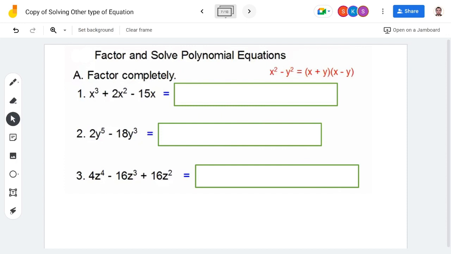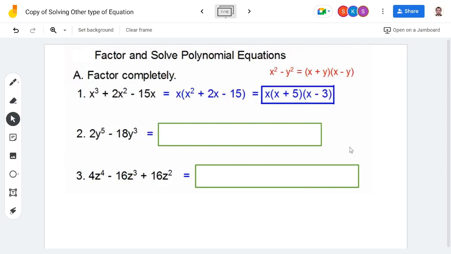Yes, rational. Okay, so now, as you can see here, factor and solve the polynomial equation. This is an easy one, just complete the solving. So the polynomial will look like this. First you take the common factor, which is x. Then this is a quadratic. For the second one, take the common factor.